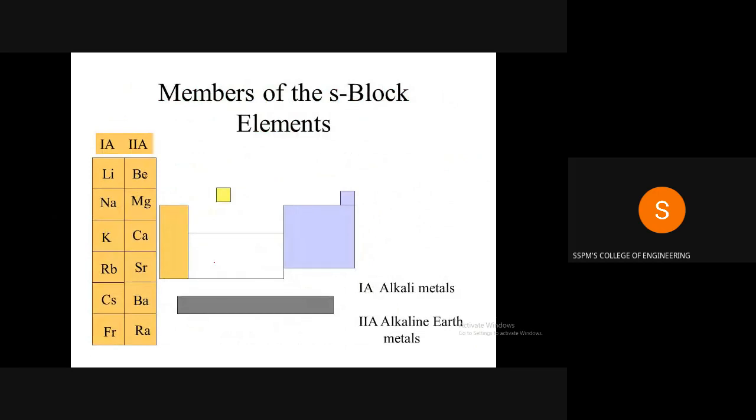These are the elements in group 2: beryllium, magnesium, calcium, strontium, barium and radium.